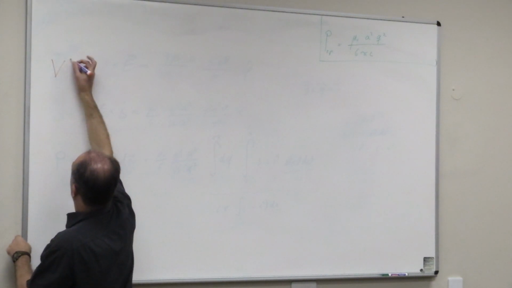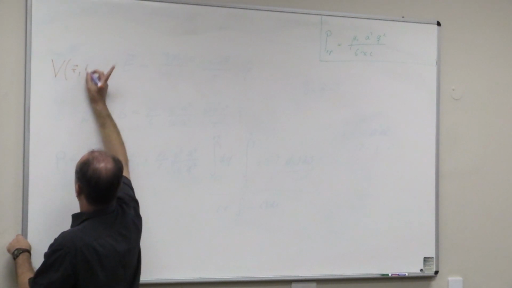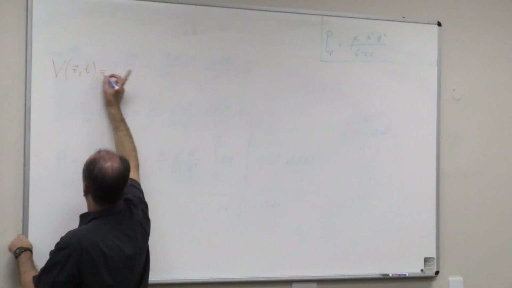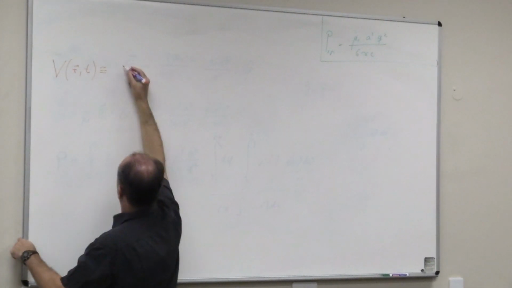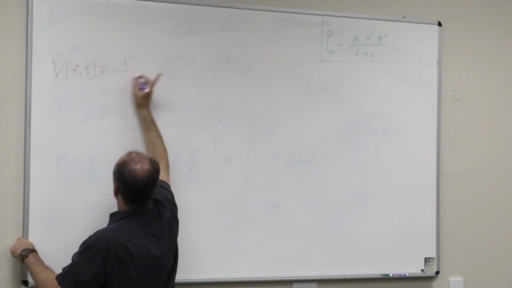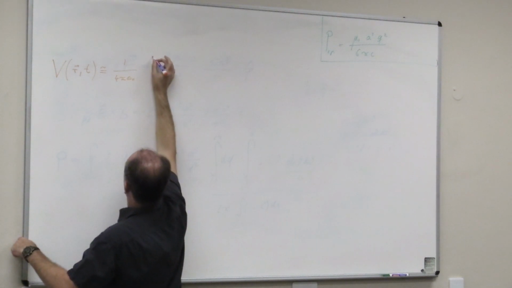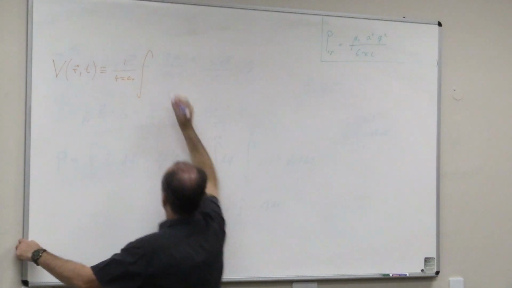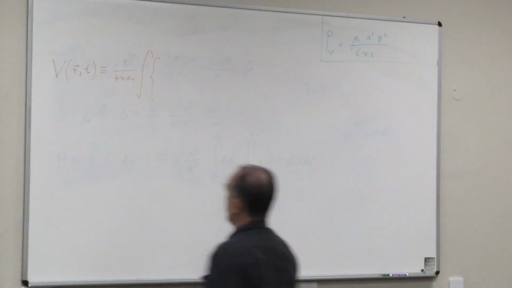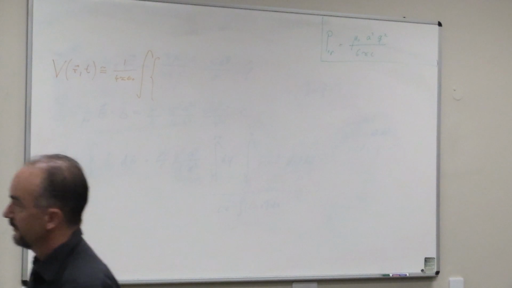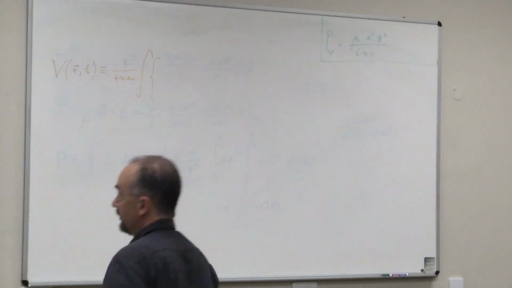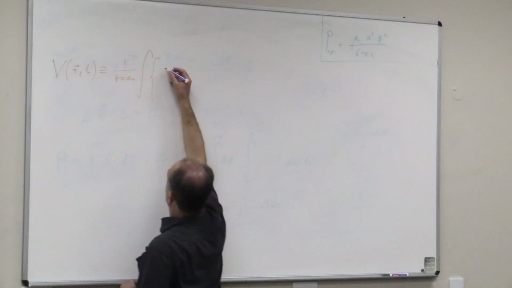Our scalar potential V(r,t) will then be 1 over 4 pi epsilon naught, integrating rho.